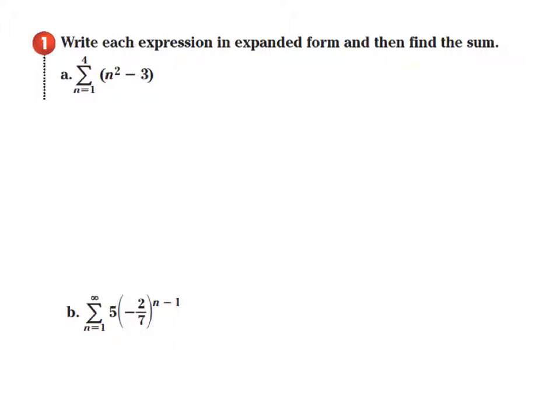Or a few more. Write each expression in expanded form and then find the sum. The expanded form is what we did when we plugged in each of the values and just wrote it out the long way. In this case, this is similar to the one we just made up: 1 squared minus 3 plus 2 squared minus 3 plus 3 squared minus 3 plus 4 squared minus 3.